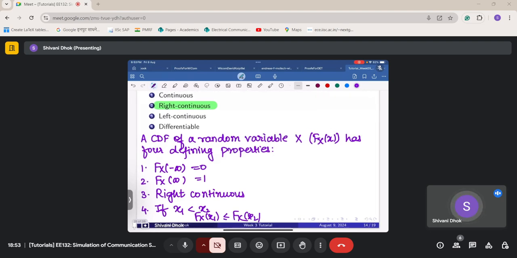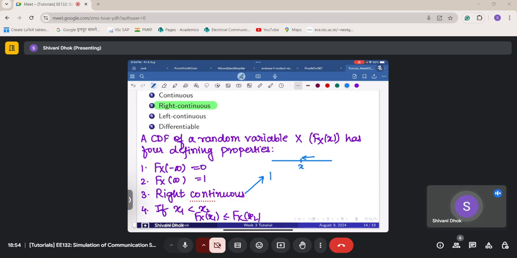But what do we mean by right continuity? Right continuity means you have a value here, let's say x. You approach from the right side like this. Then the right limit, if it is continuous, then we say that it is right continuous.